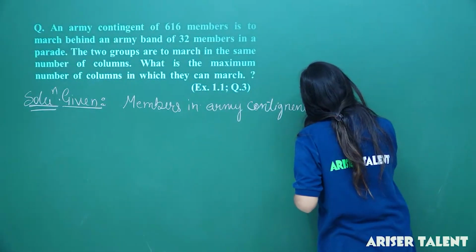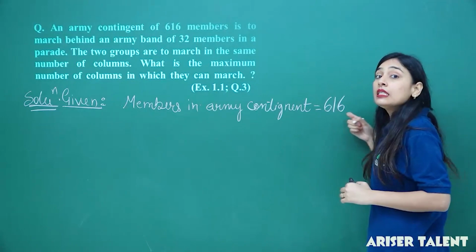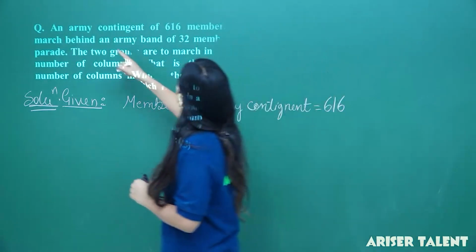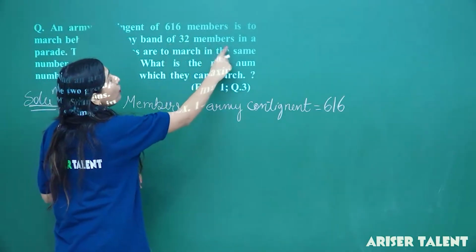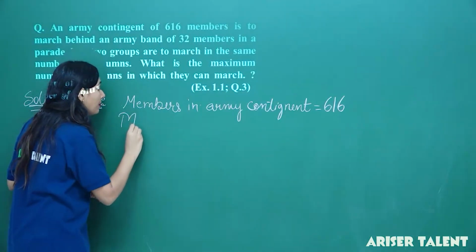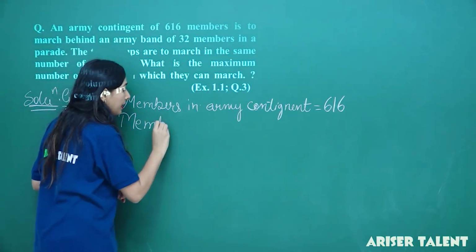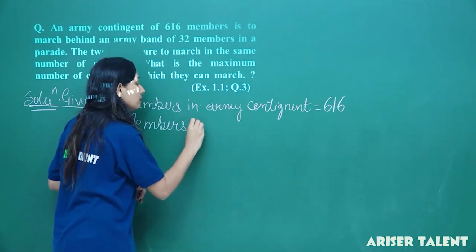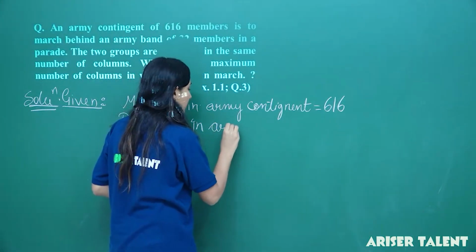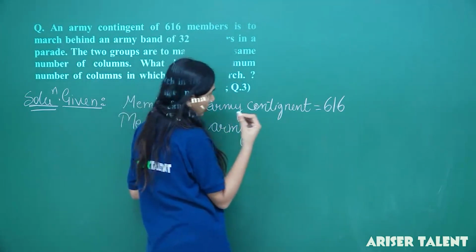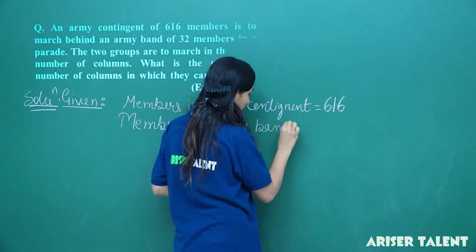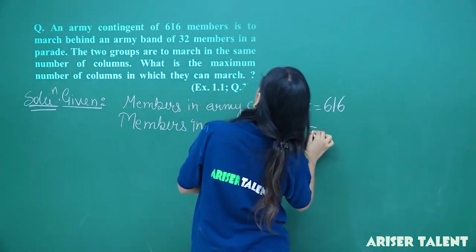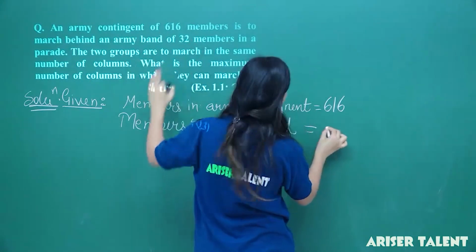Mark my words. These are given, 616. Behind the army band of 32 members. So, members in army band, that will be obviously less. Army band, that's given what? 32, right?